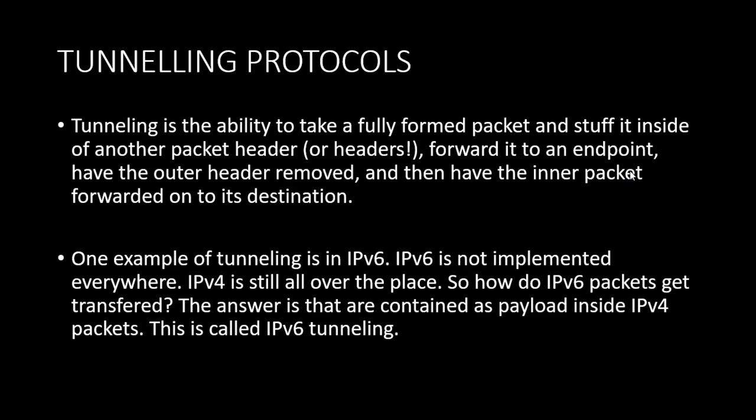Tunneling is the ability to take a fully formed packet and stuff it inside of another packet header or headers, forward it to an endpoint, have the outer header removed, and then have the inner packet forwarded to its destination. Now, to be real with you, this is sneaky.